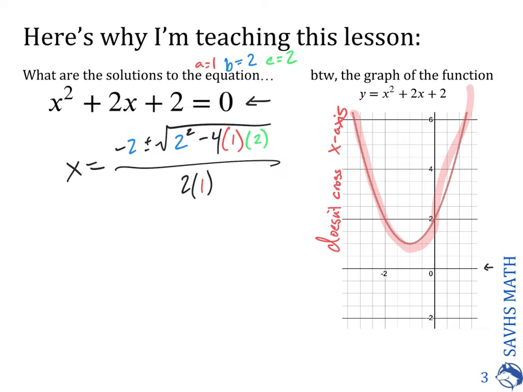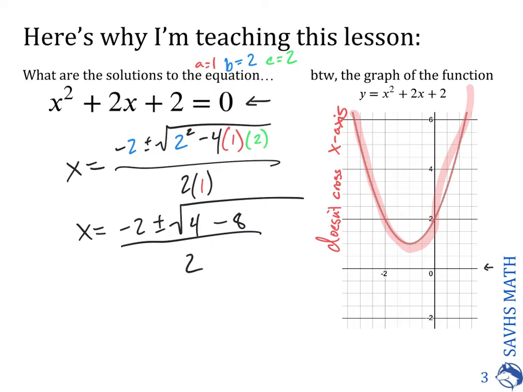Let's simplify. We get x equals negative 2 plus or minus the square root of 4 minus 4 times 1 times 2, which is 8. So x equals negative 2 plus or minus the square root of negative 4, all over 2.